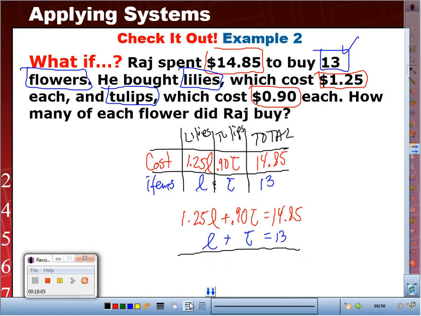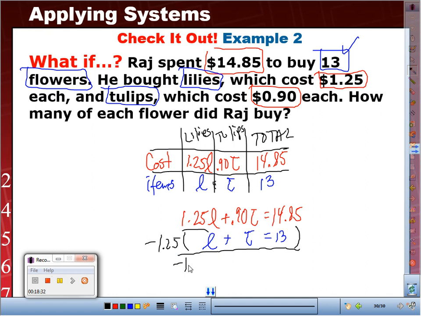So, which variable would you like to eliminate, Marissa? Are you asking me or are you telling me? Telling you. So you want to eliminate L? Okay. So we multiply times negative 1.25.